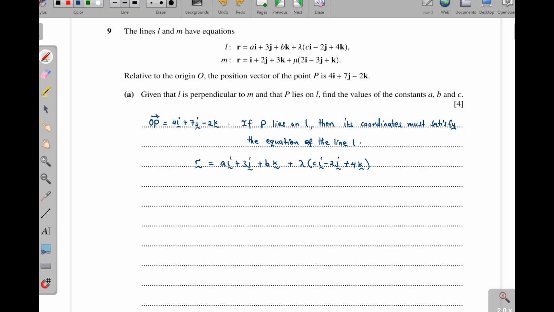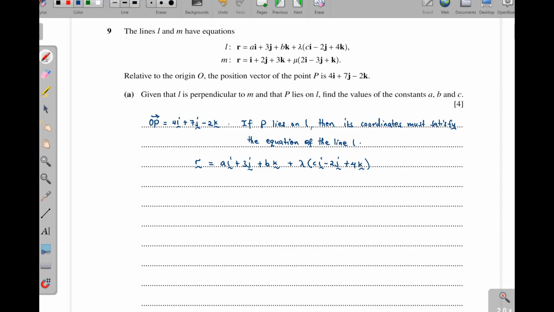Now we have the vector OP. In fact, what I'm going to do is to write this equation of line L using parametric equations.